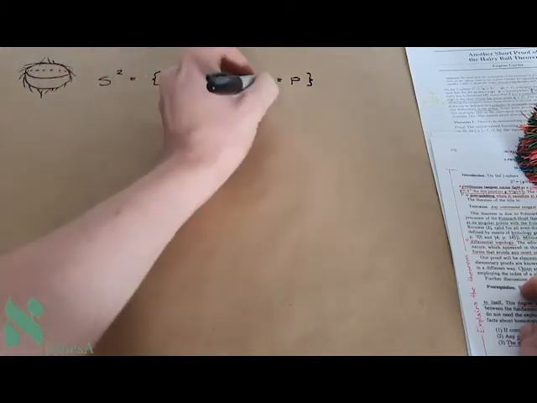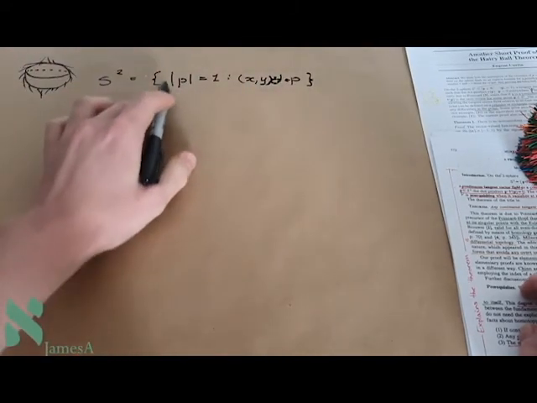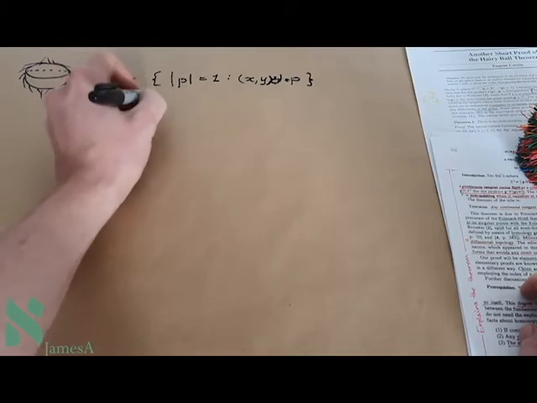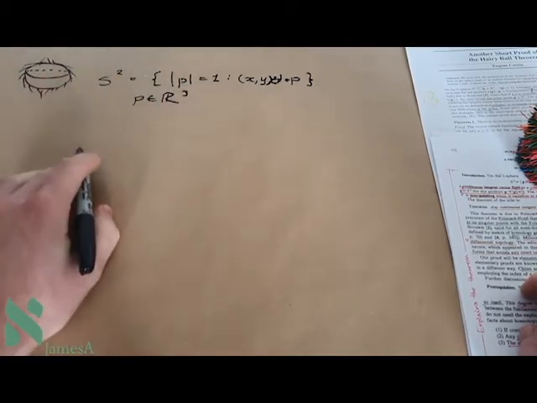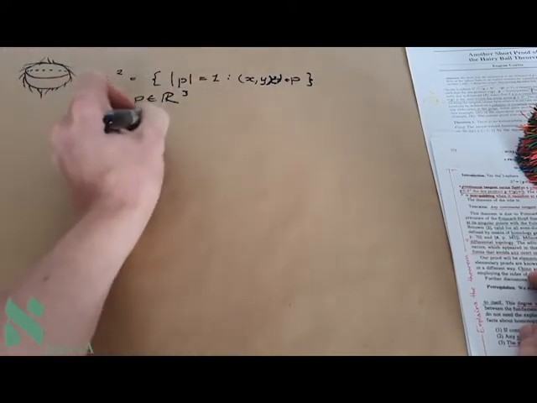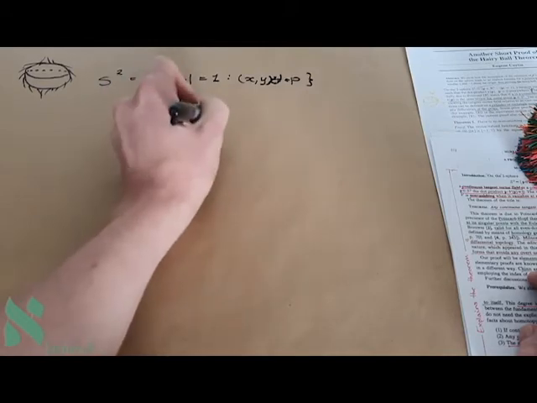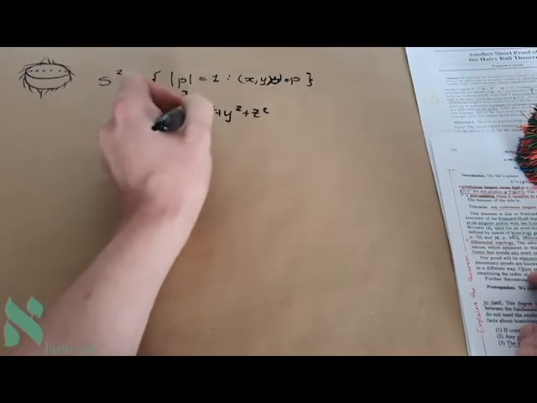No, it's xyz, sorry. So that's saying that any P is a coordinate in R3, and we take P and find the modulus, which is the root of x squared plus y squared plus z squared. So that's the Euclidean distance.